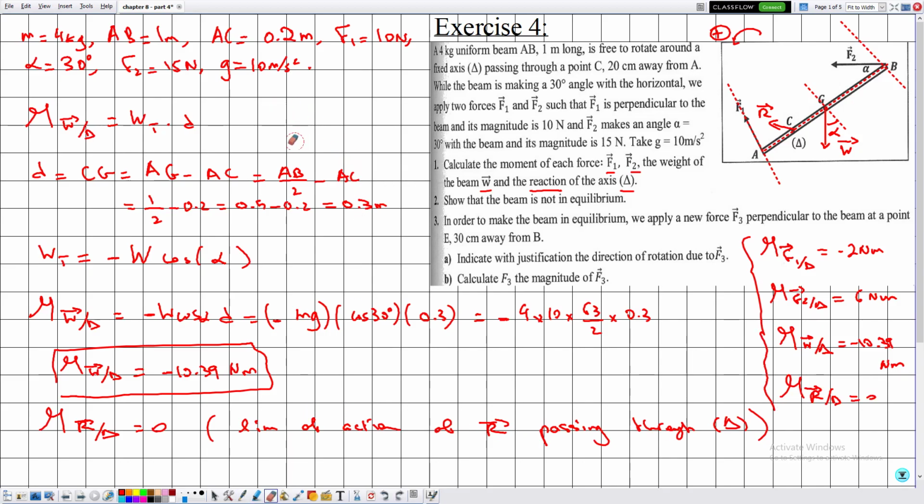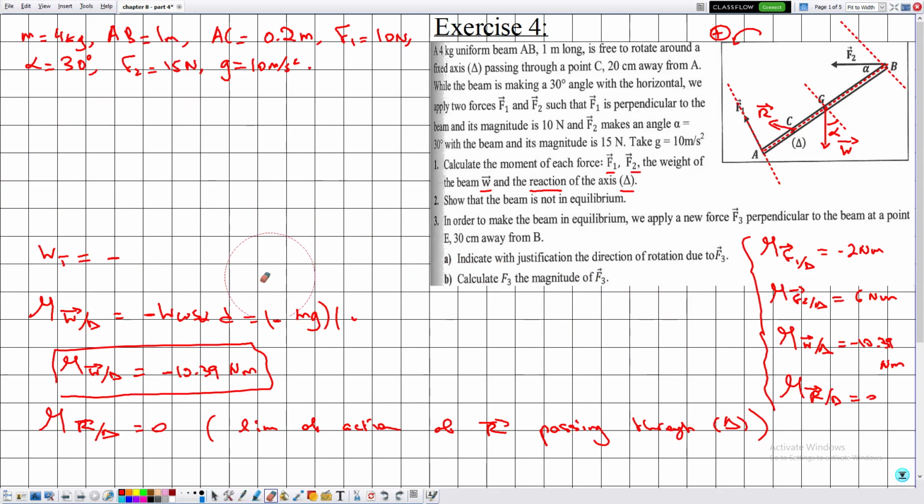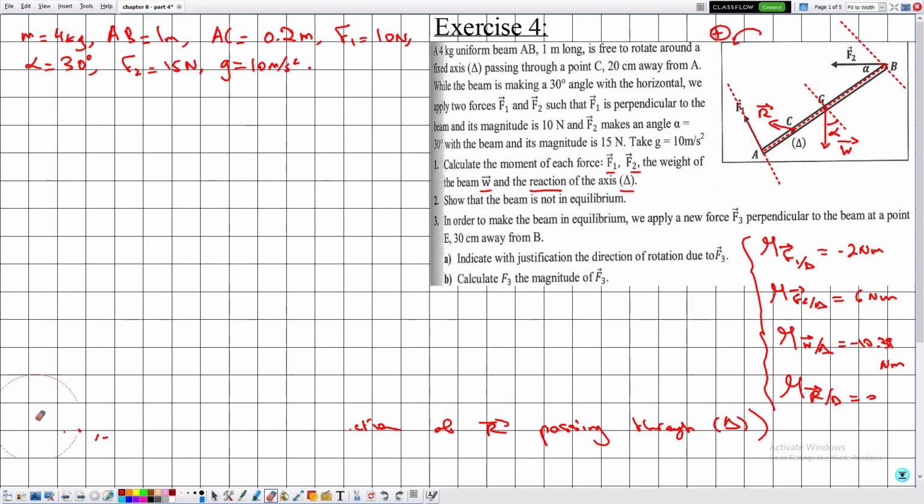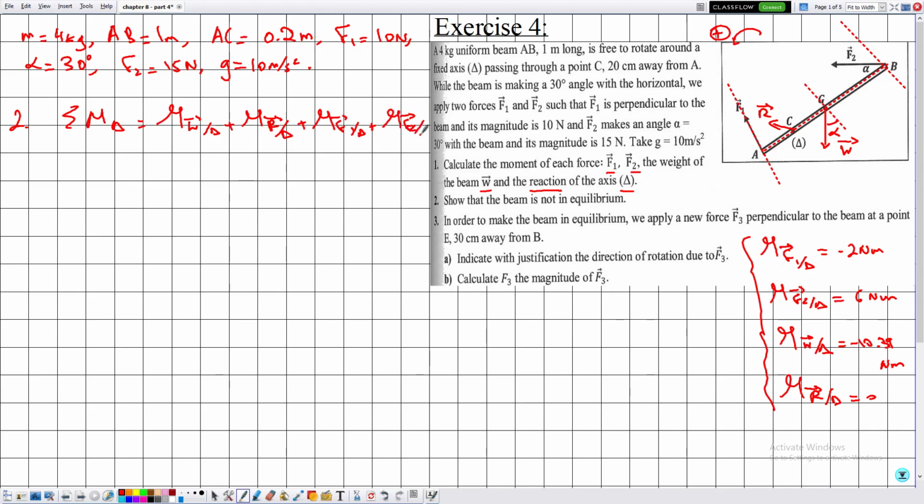Now in number 2 they are asking me to show that the beam is not in equilibrium. So in order to show that, we need to calculate the sum of moments around delta, which is given by the moment of the weight around delta plus the moment of R around delta plus the moment of F1 around delta plus the moment of F2 around delta.